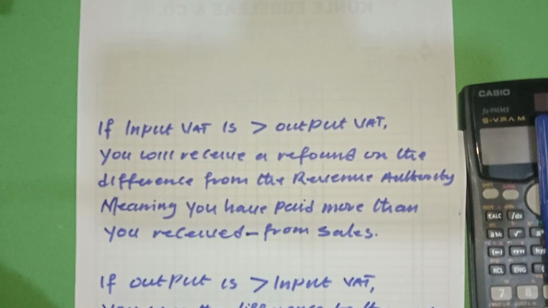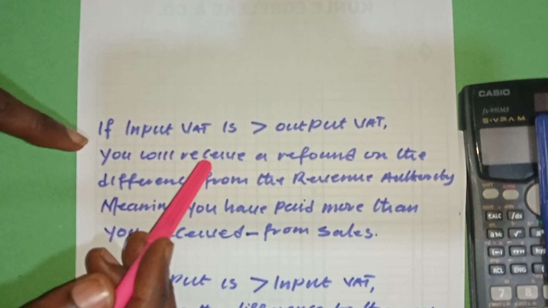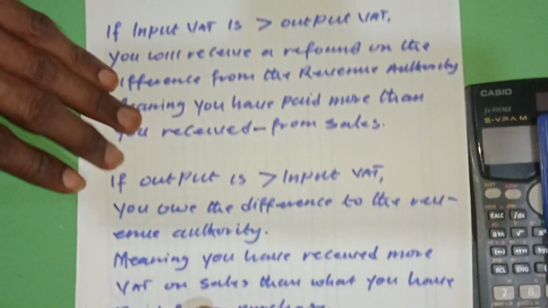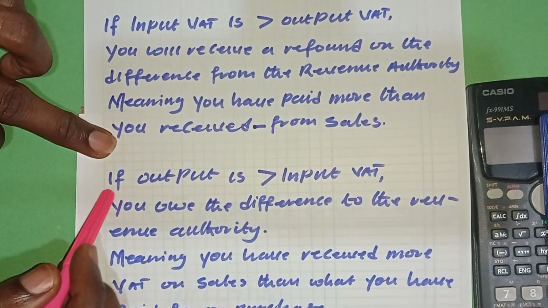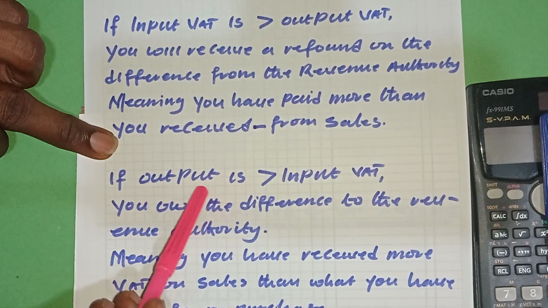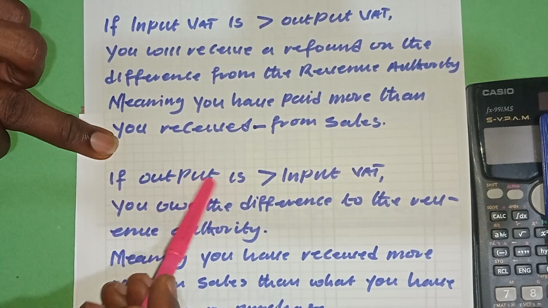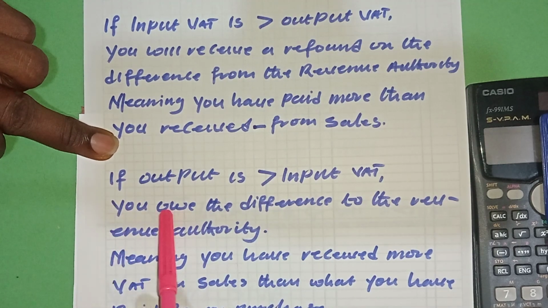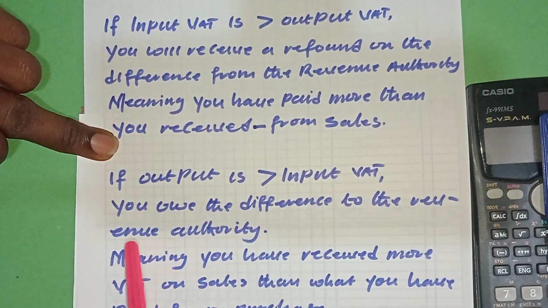Whenever you have a liability, you can use that amount to nil it off. You understand? So, input VAT, whenever it's greater, the tax authority will refund you. And if the output VAT is greater than input, you owe the difference to the revenue authority.